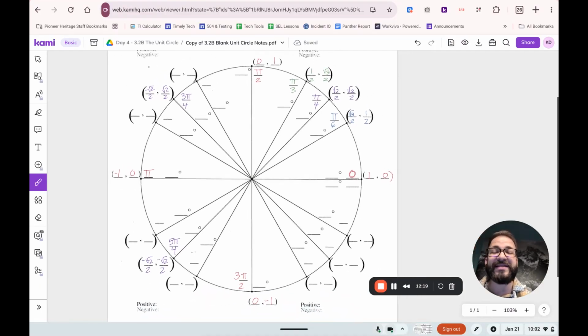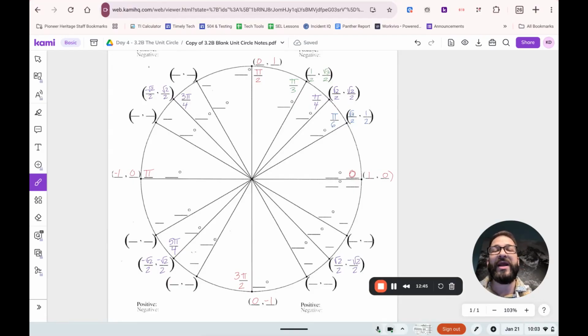And then I can take this same triangle now and I can reflect it one more time back across the y-axis. This time my x values are going to go from negative to positive, but my y values are going to stay negative. So my new point here would be positive root 2 over 2, negative root 2 over 2. So you should notice all 4 of these points have the same numerical value, but different signs depending on which quadrant they're in.